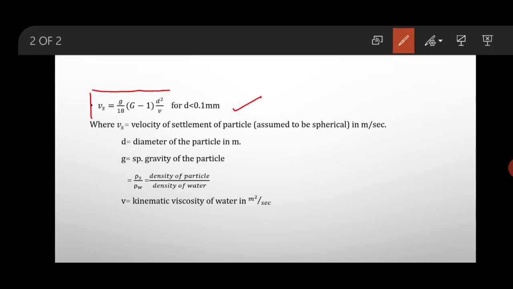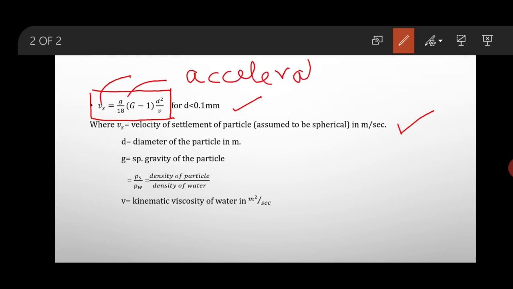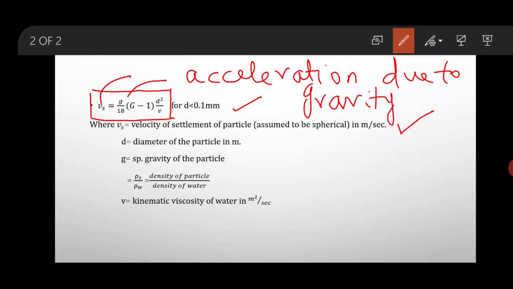Vs, the velocity of settlement of the particle in meter per second, is equal to g by 18, where small g represents acceleration due to gravity, into (G minus 1), where capital G, not the small g, is the specific gravity of the particle, into d square by nu.